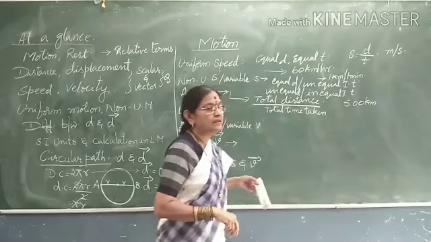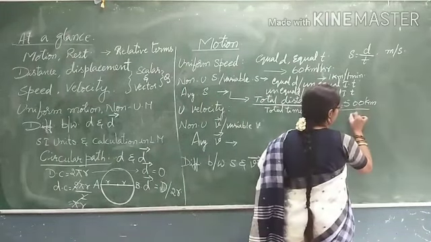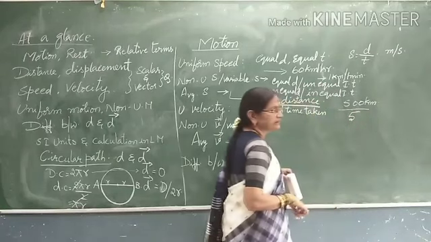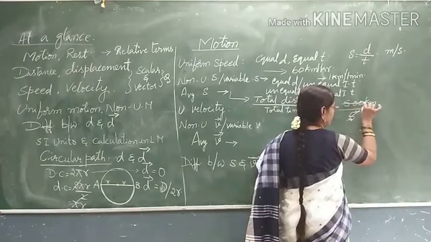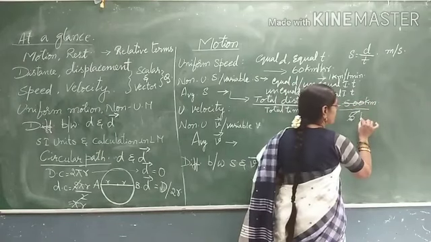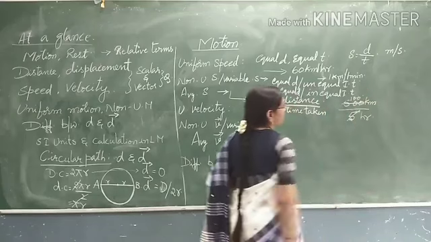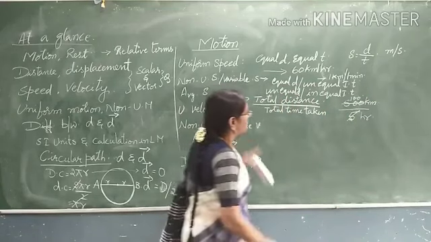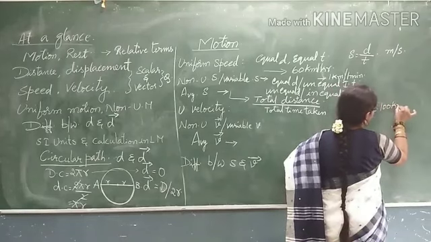Maybe 5 hours. So 500 by 5 you will get. Total distance is 500 kilometers, total time is 5 hours. So what is the average speed of the car? 100 kilometers per hour.